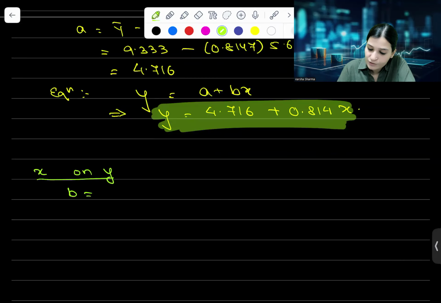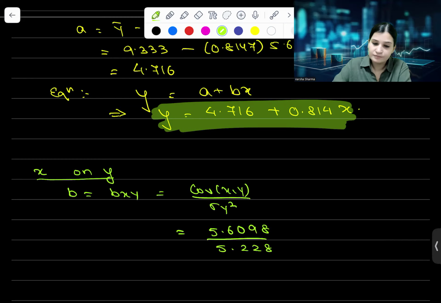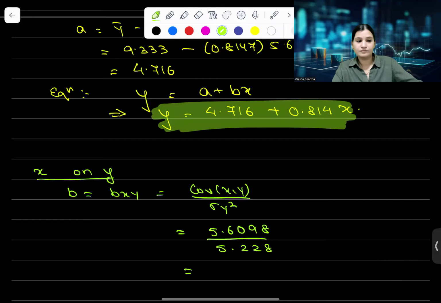So we first calculate bxy, covariance of x by variance of y. So 5.6098 by 5.228: 1.073.